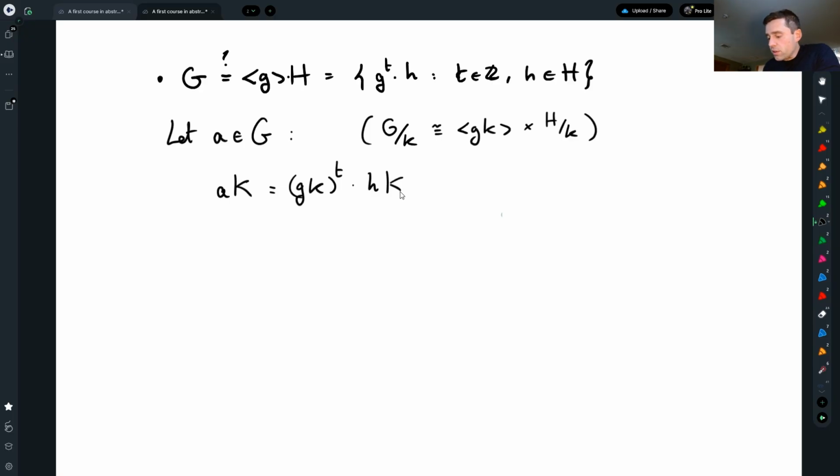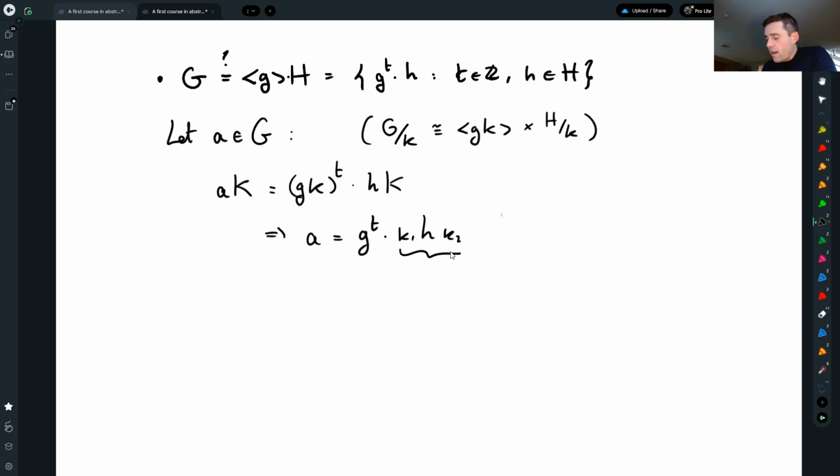That means in particular that the element A, which is on this side, has to be some power of G times something in capital K, let's call it K1, times something in H, times something in K again.